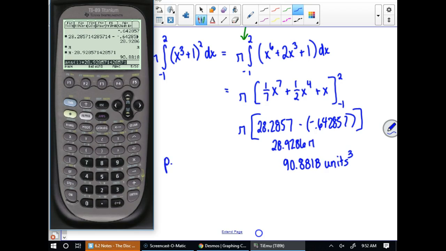So page 425, I want you to do number 1 through 4. And the good thing about this is that the book gives you the graphs, so you don't have to actually craft them by hand for that. So 1 through 4, I think all of those are ones that we can do pretty easily.